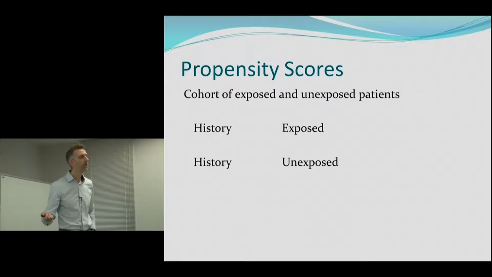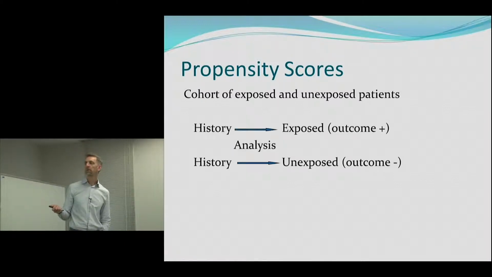And we look for the association between having the exposure and various things in your medical history. So effectively, we treat the exposure itself, so receiving the statin, as an outcome. And we look at what are the risk factors for receiving that exposure.